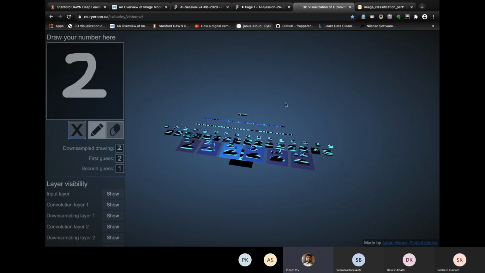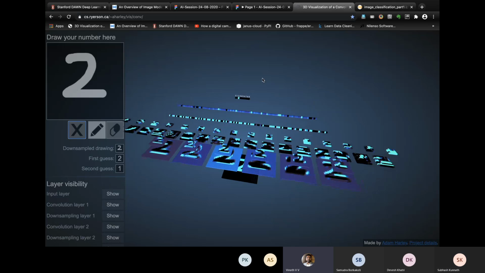This is the way visual perception has been coded in the machine world. It is one approach to the image classification task, detecting what is in the image.